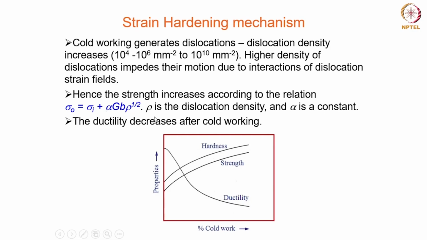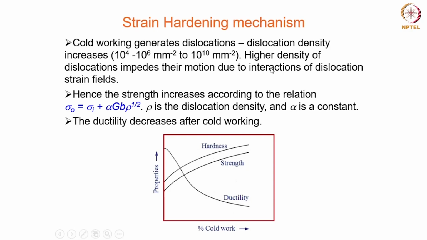So what happens is, when you increase the number of dislocations, when the other dislocations move and encounter these dislocations which are now present in large quantities, the motion of the dislocations over the slip planes will be hampered due to presence of other dislocations in their path. So that's what I mean by dislocation interactions.